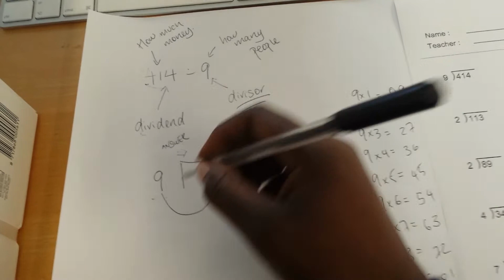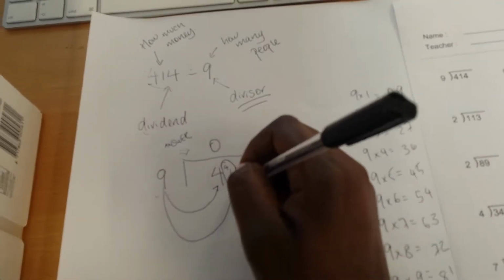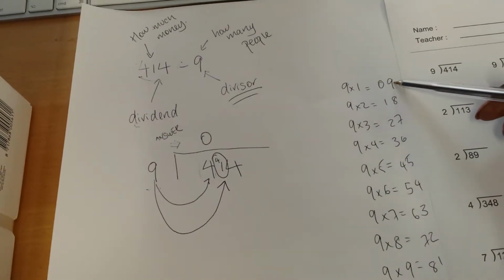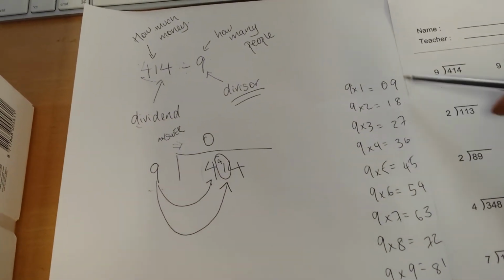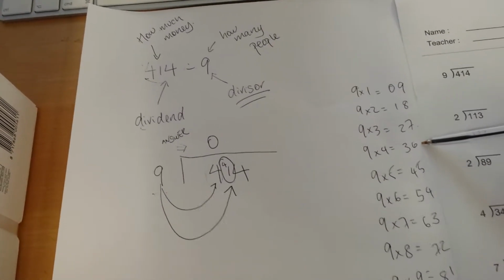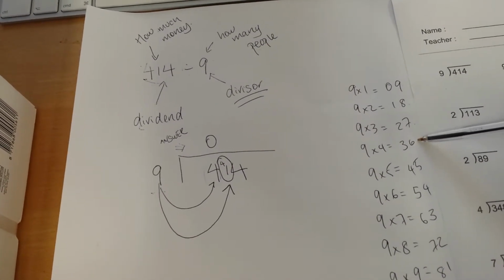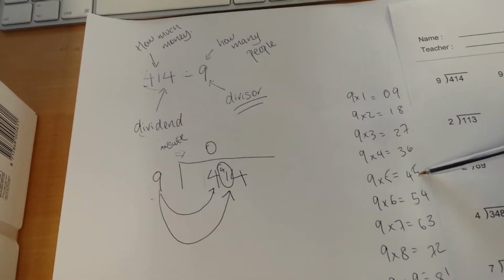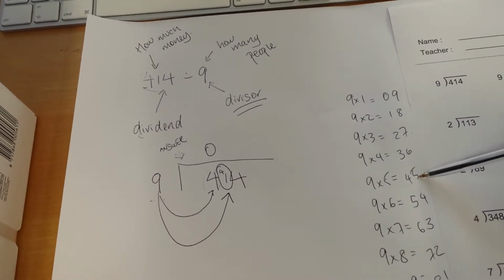This number is now 41. So now I say, how many 9s are there in 41? Well, let's look. So we're looking along the side here for a number that is closest to 41 without going over. If you look at 45 here, I can't choose 45 because I don't have 45 things to share.